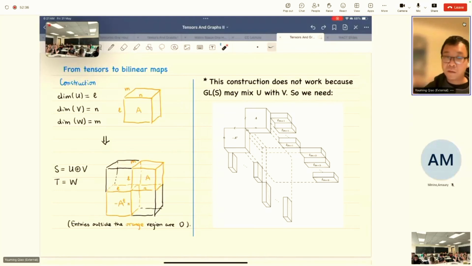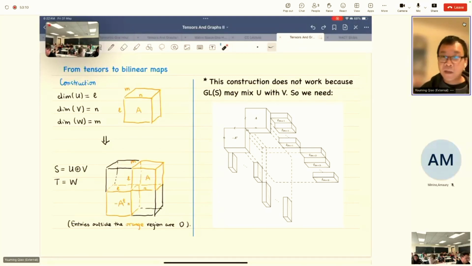So their ranks will be distinguished, and this helps you distinguish the U slices and the V slices, so the GLS cannot mix the U slices and the V slices arbitrarily. This turns out to be the construction that suffices for our purpose, and it has a very direct correspondence with the so-called star gadget.